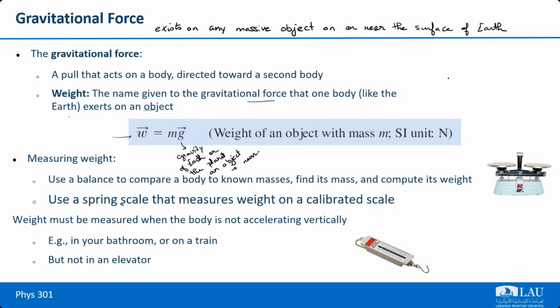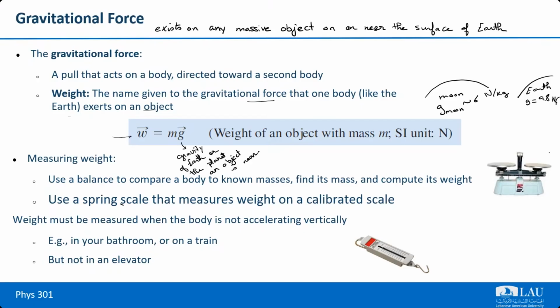In particular, if an object is on the moon, it feels a gravitational force, but this gravity is less than that of Earth. Namely, g of the moon is around 6 newtons per kilogram or meters per second squared, whereas g of Earth is 9.8.